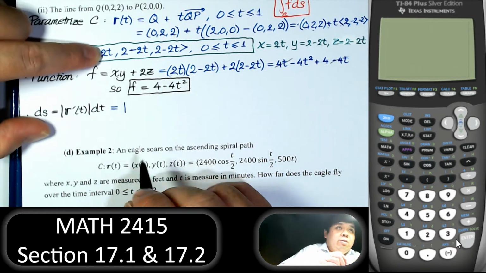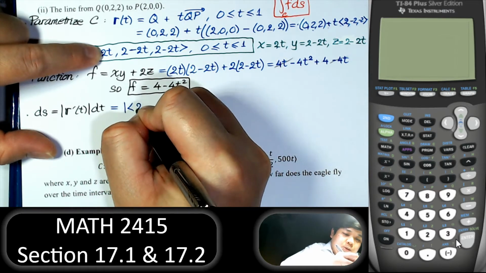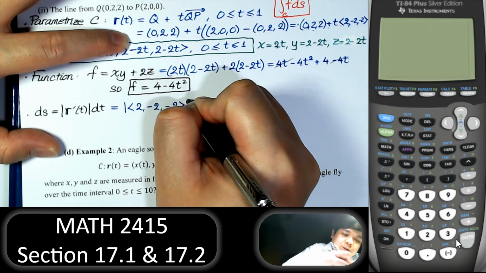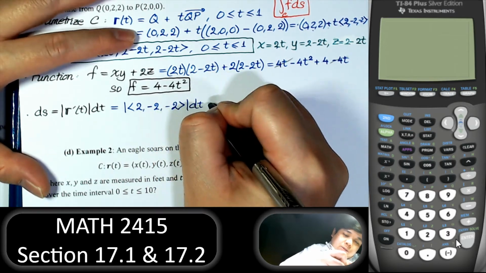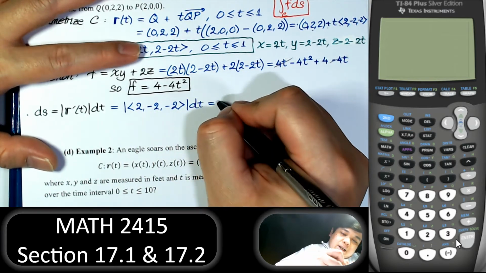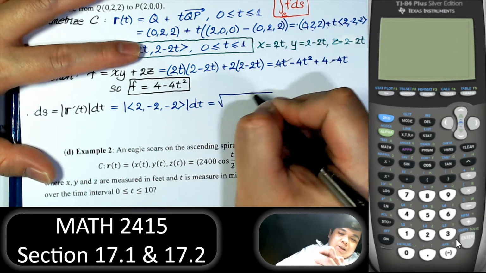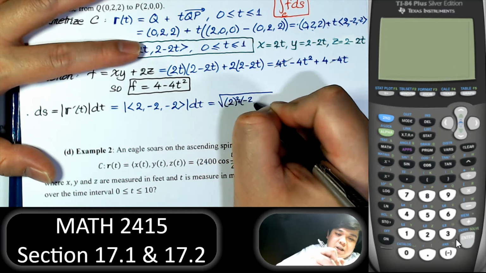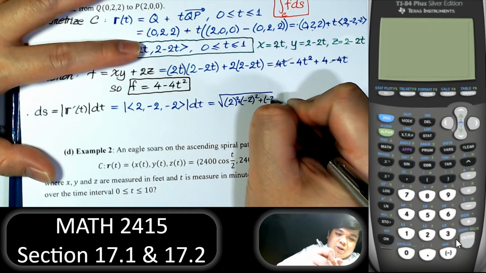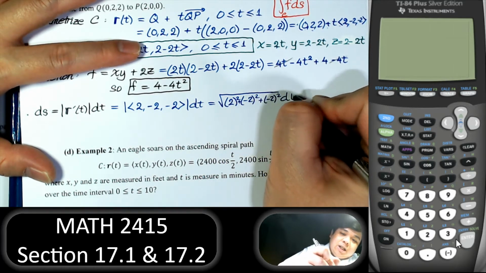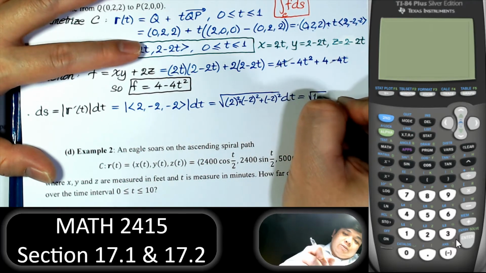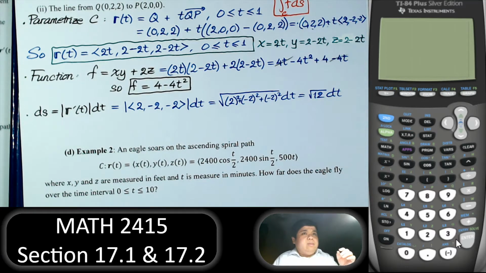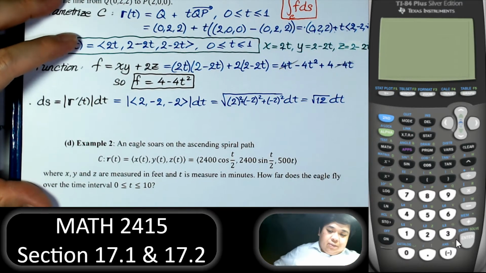We take the derivative with respect to t: 2, negative 2, negative 2. So I have 2 squared plus negative 2 squared plus negative 2 squared, and that gives us square root of 12. Square root of 12 is 2 square root of 3.